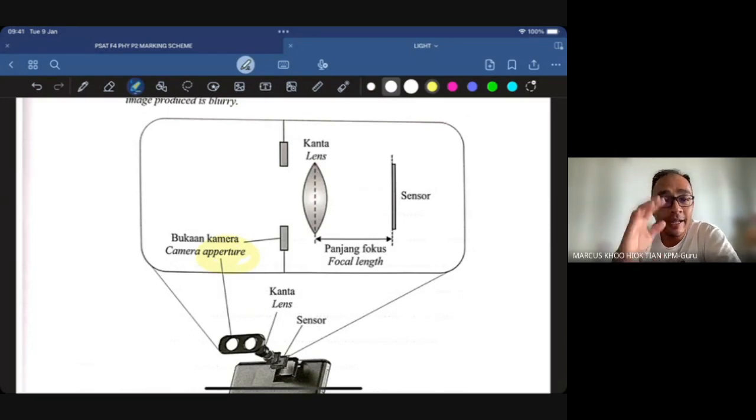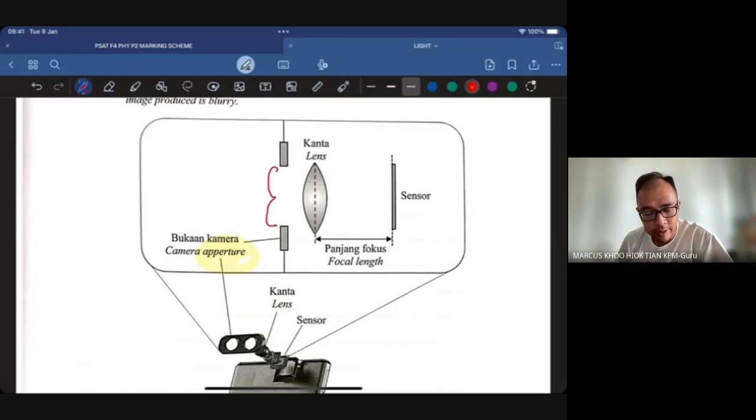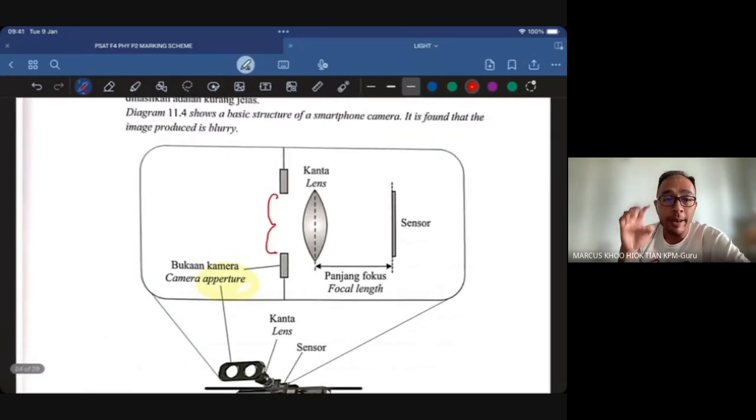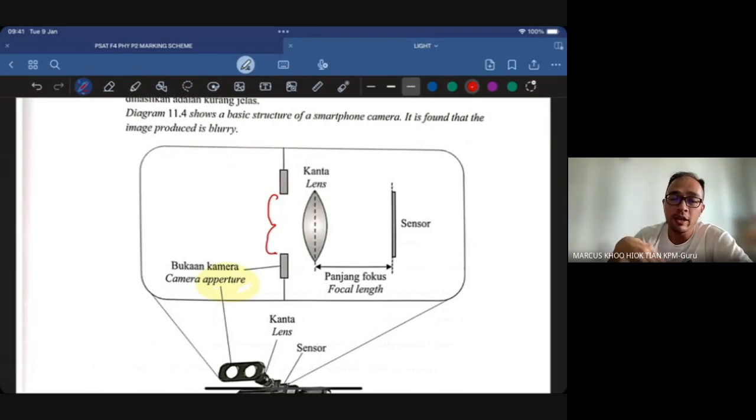But the idea of the aperture is if you have a bigger aperture, you can have more light enter. There's more space. So the aperture allows the light to enter. If you have a bigger aperture and also if your shutter is open for a long time, more light can enter.